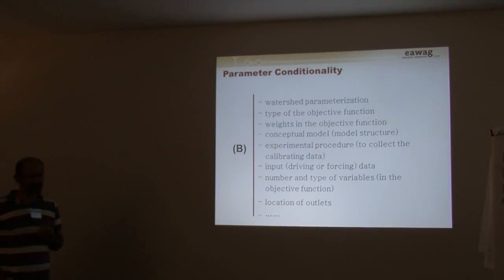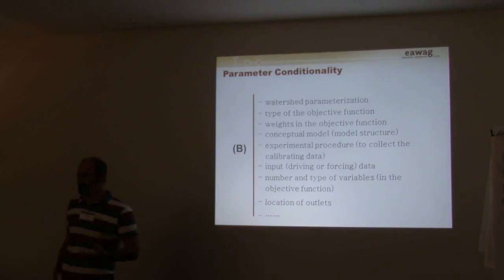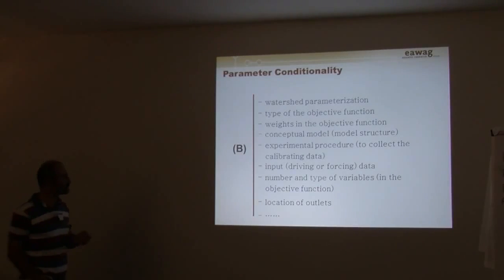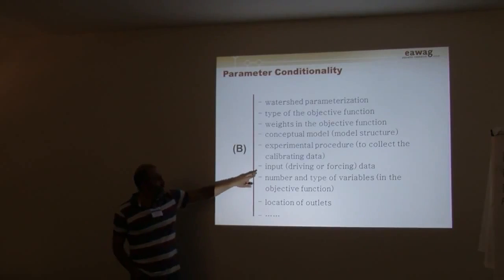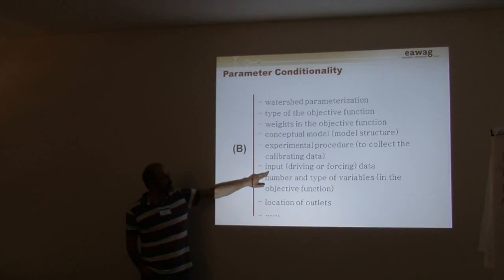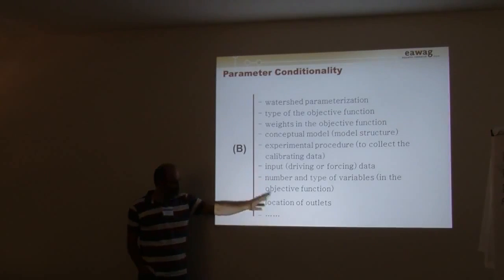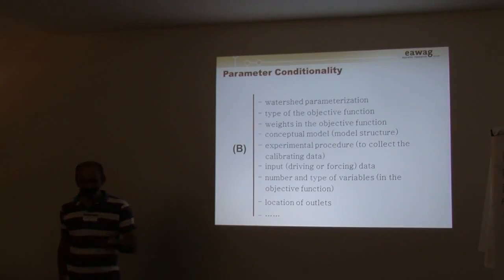Swiss style, you know, it's very detailed and very careful. At the end, they realized that the instrument that collected samples was in a part of the river that had more turbulence than other parts of the river. So, overestimation, anyhow. And then the input, the driving data that you use to calibrate the models, the types of variables and the location of outlets, anything you can think of.